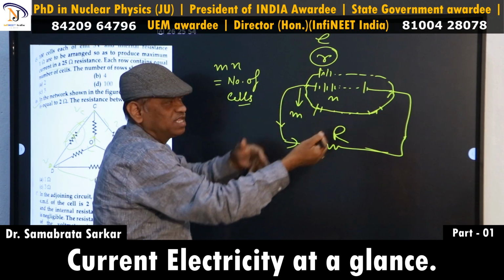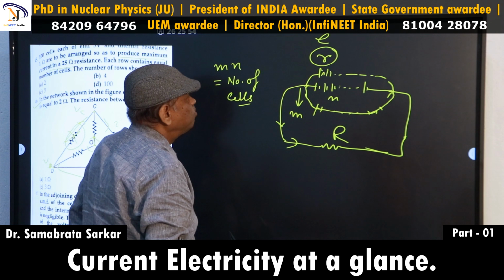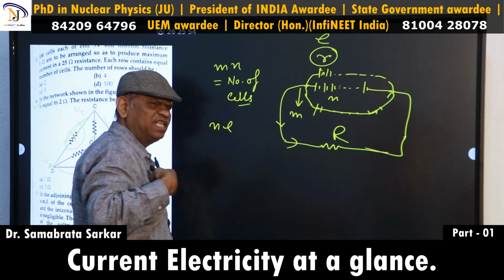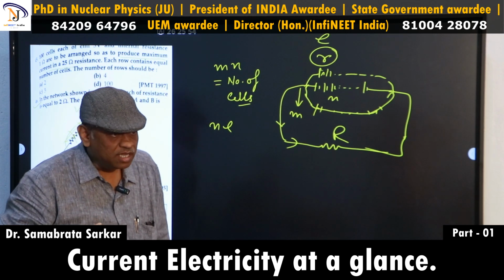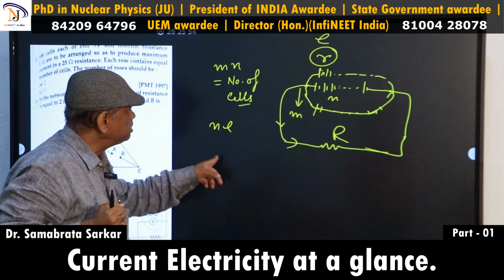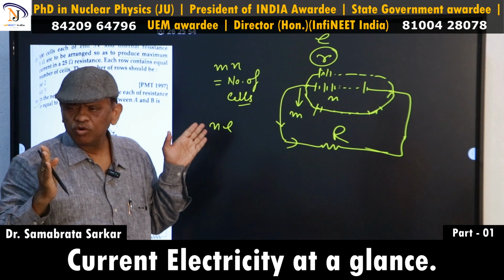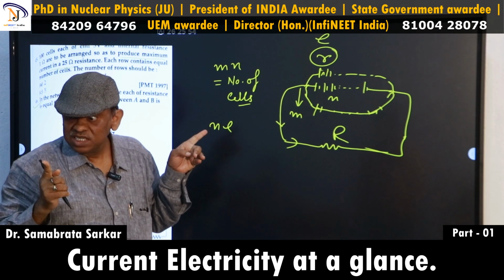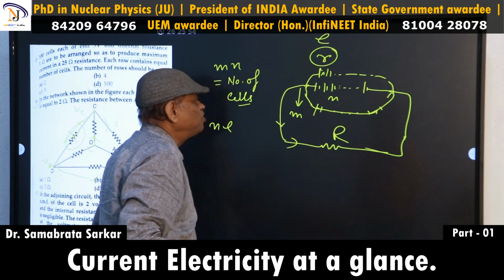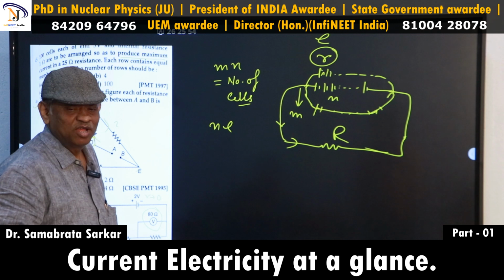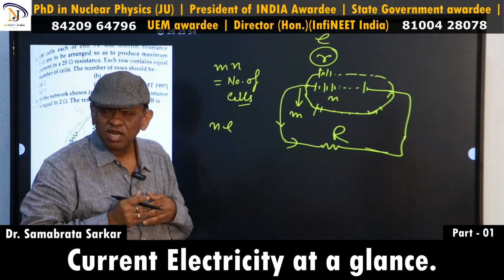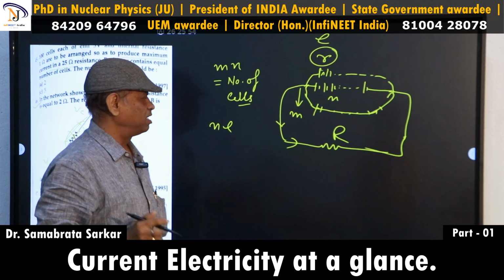What is the total voltage in each row? nE. Yes, it is nE. So nE is the total potential in each row. And what is the total resistance in each row? Inner, right? Inner, yes, it is nr.